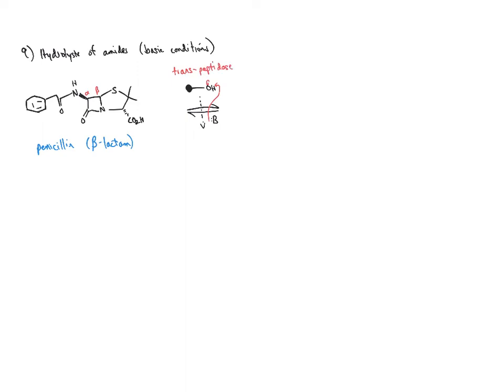So the bacteria have this enzyme called a transpeptidase, and they have a serine residue on it. And this transpeptidase is important for the formation of the cell wall. So if you can inactivate the transpeptidase, maybe you can prevent the cell wall biosynthesis from happening, and maybe you can kill the bacterial infection, kill the bacteria.